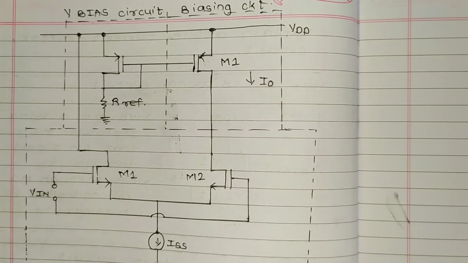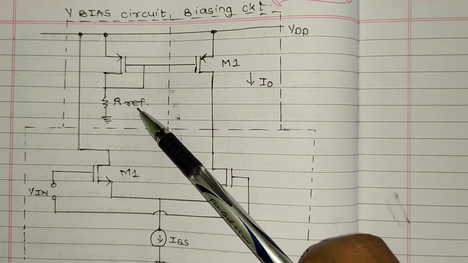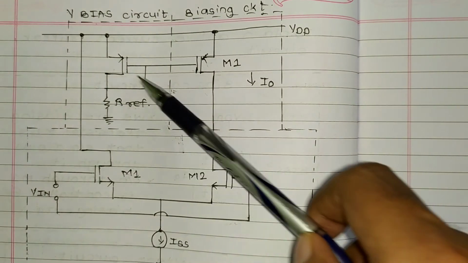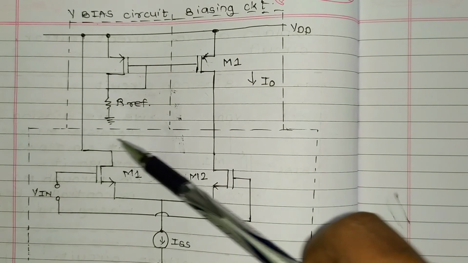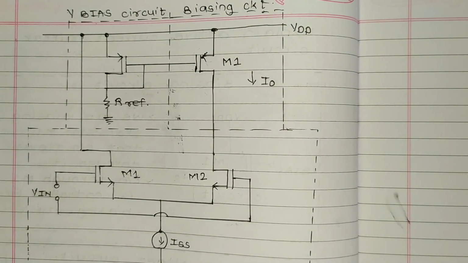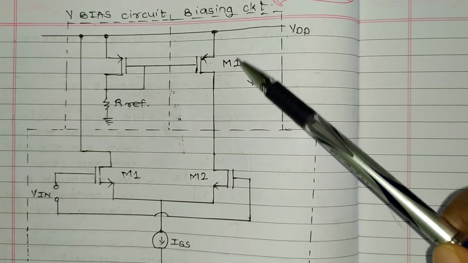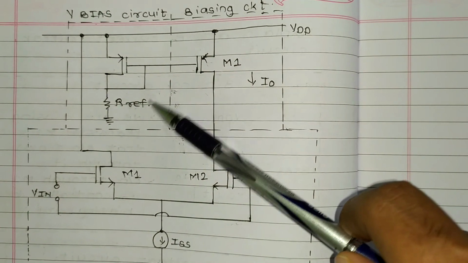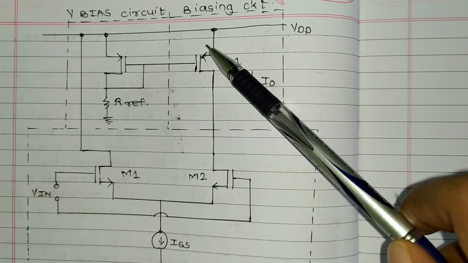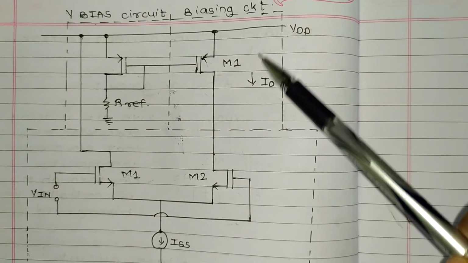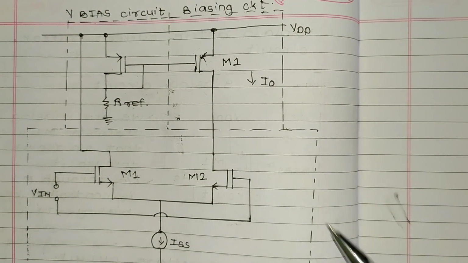By varying RF in the V bias circuit, we can provide proper I0 to the differential amplifier. Since RF is a variable resistor, by varying it we can provide proper V bias to this biasing circuit, and then proper I0 to this differential amplifier.